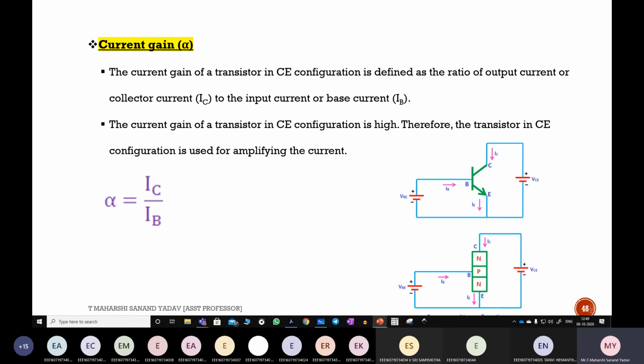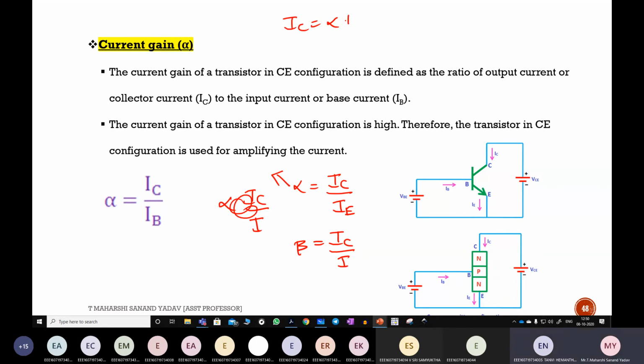I hope you know this relation again. Alpha is equal to IC by IE. Suppose if it is beta, it will be IC by IB. IC is equal to alpha IE. IC is equal to beta IB. You simply follow this. This is not alpha, this is beta.